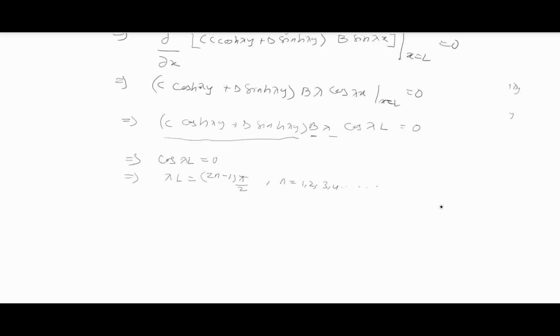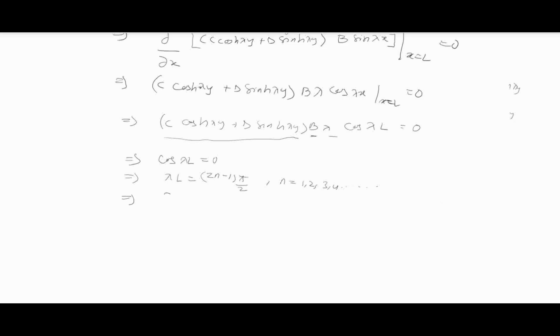We can take n is equal to 0, 1, 2, 3, 4 if we take 2n plus 1. So 2n plus 1 means 0, 1, 2, 3, and 2n minus 1 means 1, 2, 3, 4. Whatever you take, it doesn't matter. Answer will always be the same.